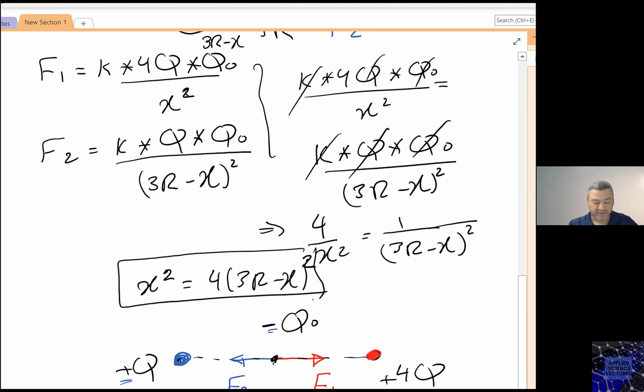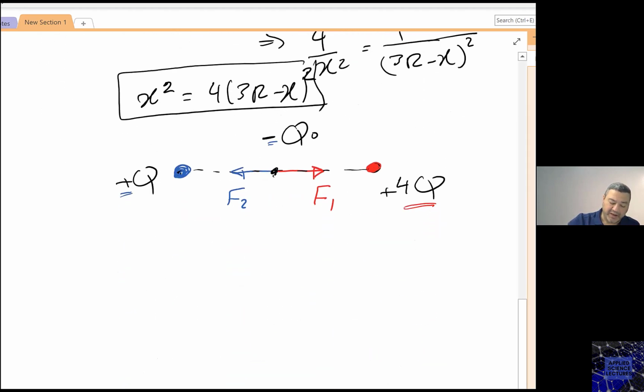There will be a solution, a quadratic equation. There will be a solution for x such that f1 equals f2. Same thing applies here. There will be a point where f1 will cancel f2. So what is the conclusion?